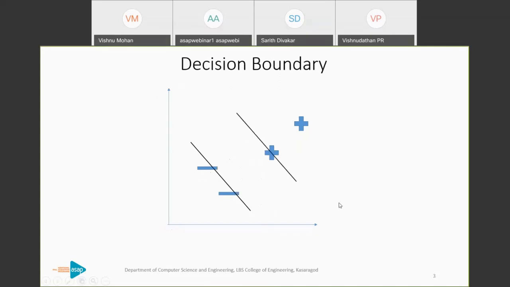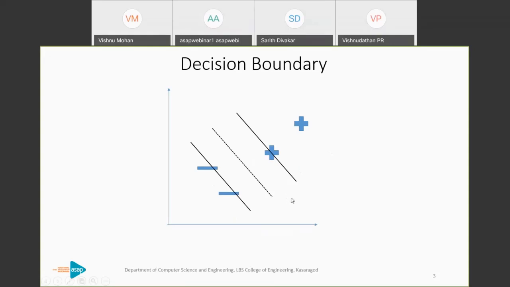Let us see the decision boundary of a support vector machine. In a support vector machine, the decision boundary is drawn with a view to putting in the widest street. You can think of this as a street, and this is the median line of the street.